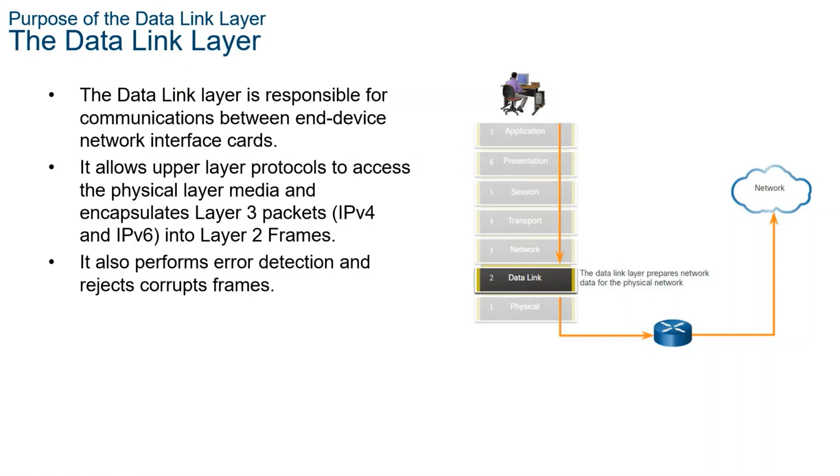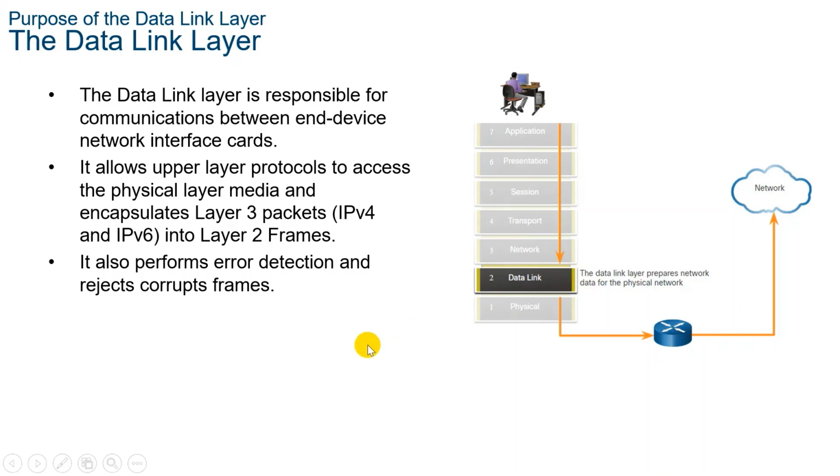The data link layer of the OSI model, this is layer 2 of the protocol stack, prepares the network data for the physical network. The data link layer is responsible for network interface card to network interface card communications. The data link layer does the following.